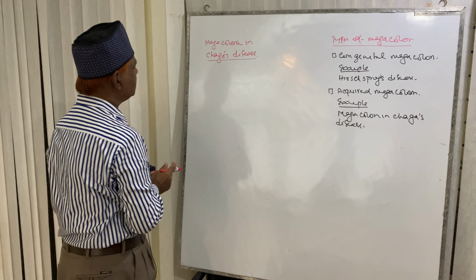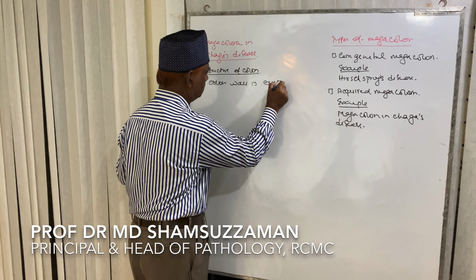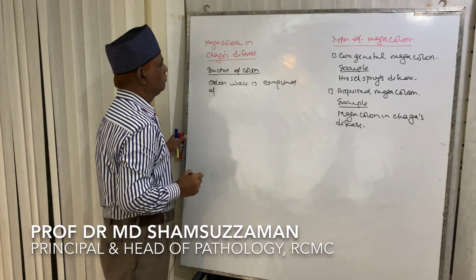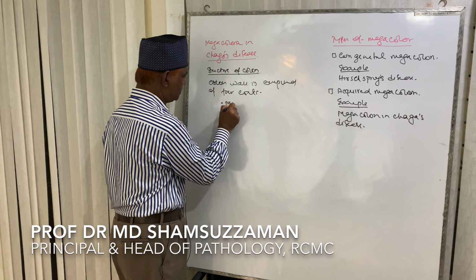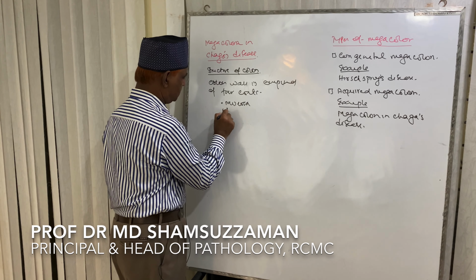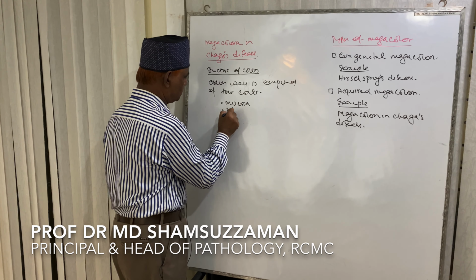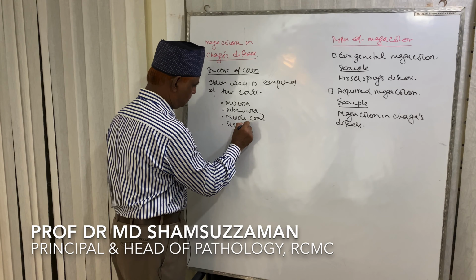The colon wall is composed of 4 coats: mucosa, submucosa, muscle coat, and serous coat.